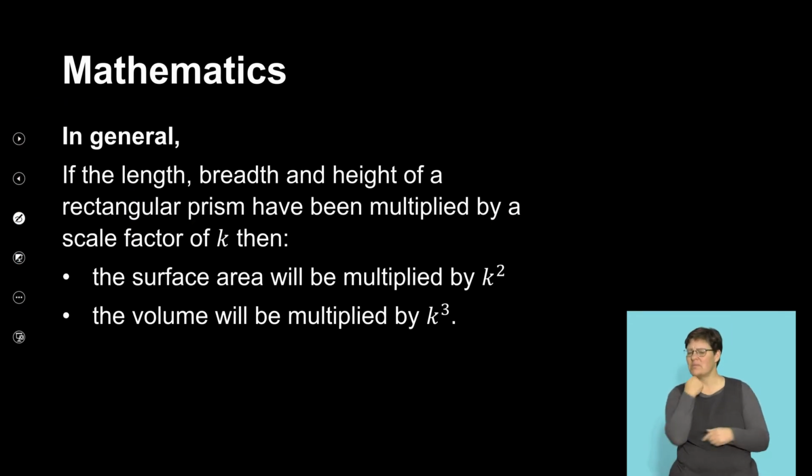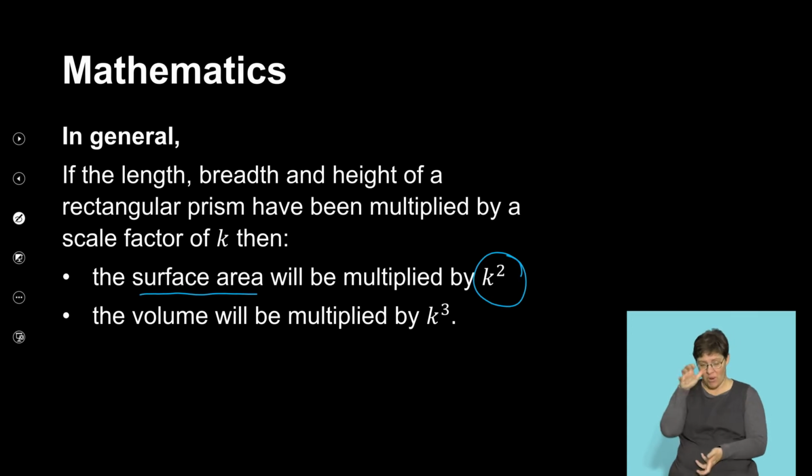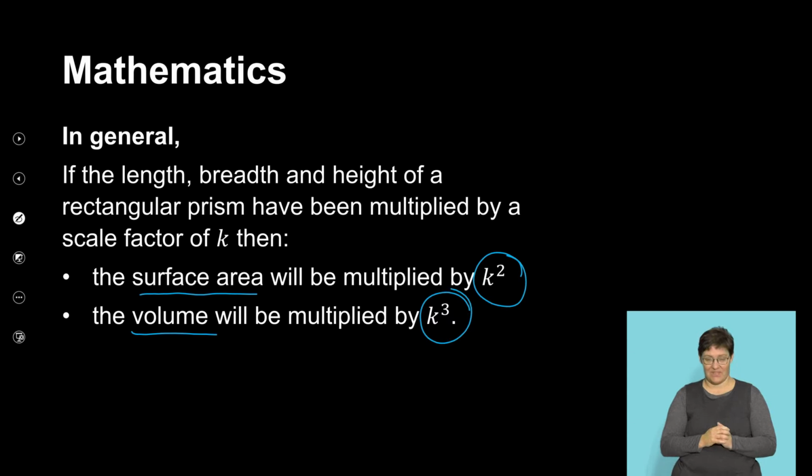So, in general, we can say that if the length, breadth, and height of a rectangular prism have been multiplied by a scale factor of k, then the surface area will be multiplied by k squared, and the volume will be multiplied by k cubed. Great, everyone. I hope that everyone's with me.